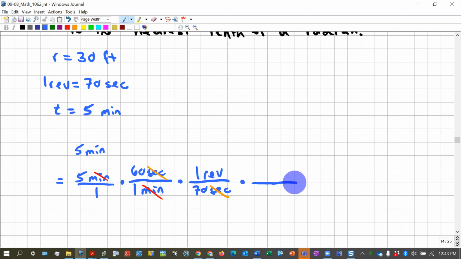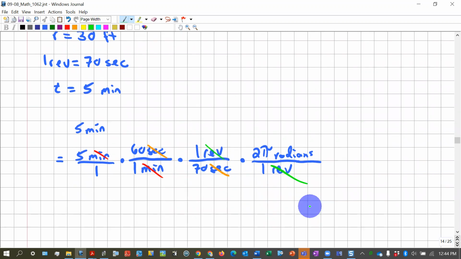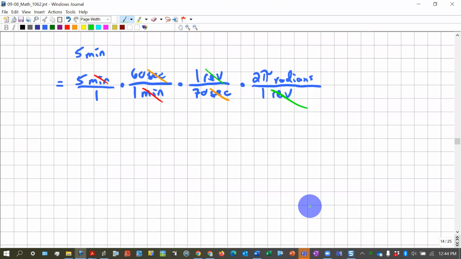And then I need to change 1 revolution into an angle in radians. And 1 revolution is 2 pi radians. And I'd like to write RAD or spell out radians. Otherwise, I get confused between the measure of an angle and the radius of a circle.